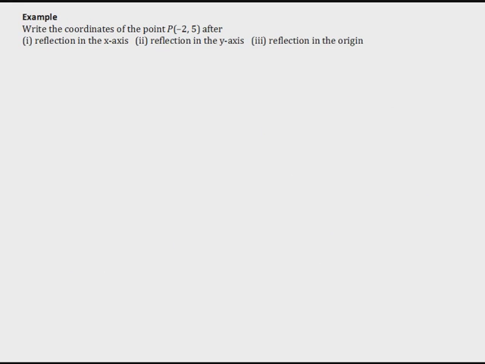Write the coordinates of the point P minus 2, 5 after reflection in the x-axis. So let's plot minus 2, 5. It's in the second quadrant. Reflection in the x-axis. So I reflect it in the x-axis.